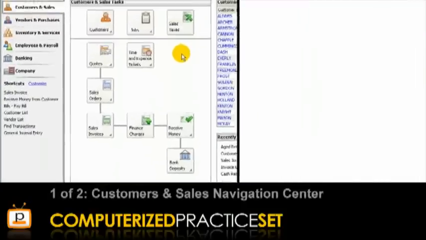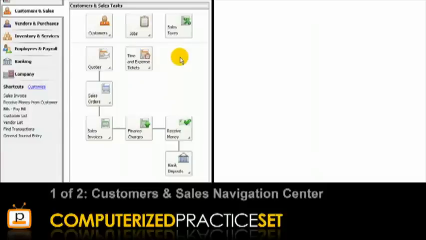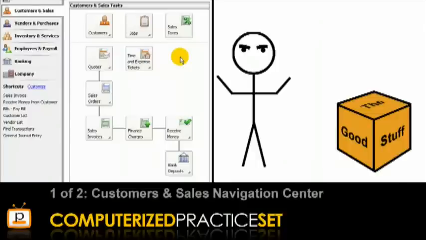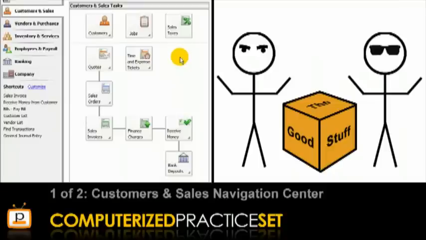Let's now have a closer look at each item and relate them to the sales cycle. Meet Chris. Chris has a business that sells boxes of the good stuff. Chris has a friend, Joe, who is interested in getting some of the good stuff. But before Chris can sell Joe any boxes on credit, Chris must set up Joe as a customer in Peachtree.